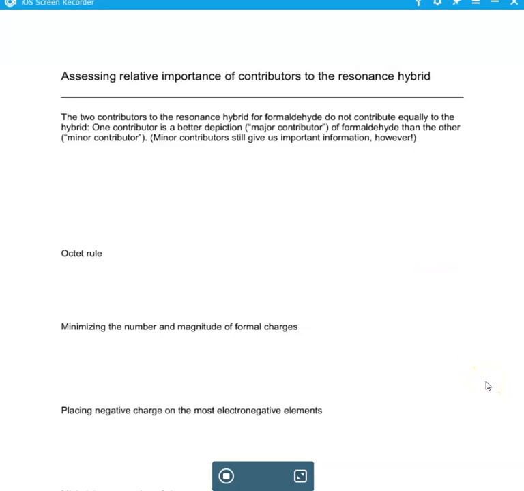So let's start again with formaldehyde. Now that we've drawn formaldehyde about 300 times, let's draw it a few more times. So let's draw the two contributors to the formaldehyde resonance hybrid.